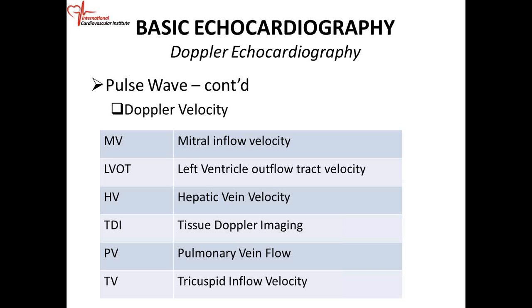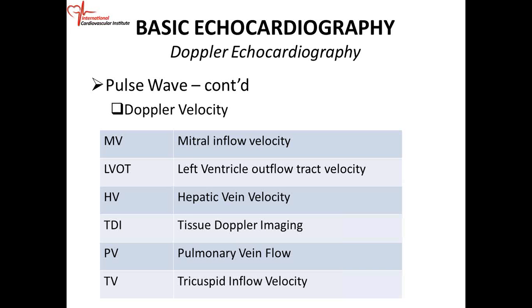Hepatic vein is also a low flow scenario, so we use the pulse wave Doppler to assess hepatic vein, and that's usually below 2 meters per second. Okay, so mitral inflow, left ventricular outflow tract, and hepatic vein.